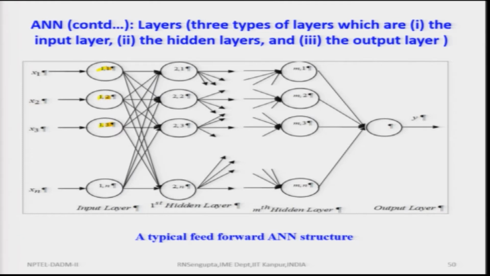Now, as the output comes from node 1 1 or 1 2 or 1 3, these would be going in different amounts, or different effects would be there, for the first hidden layer, that means the second layer. So, the output from 1 1 can have a percentage or probability of its effect of different values.